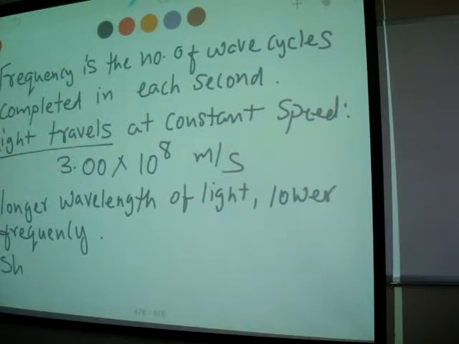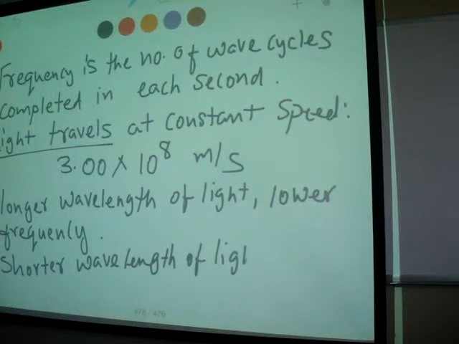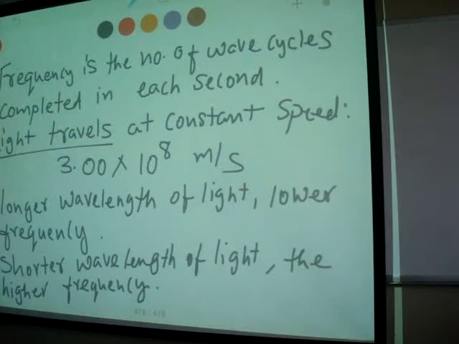And if we have a shorter wavelength of light, we have the higher frequency. So I'm going to draw that in the next slide.